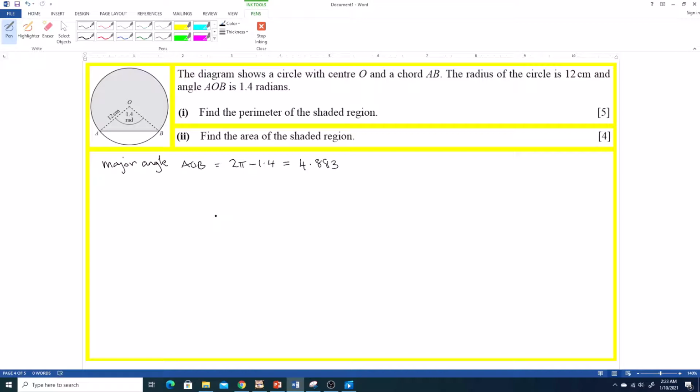You need to find the area of the major sector. So the area of the major sector is going to be a half r squared theta. Sorry, we need to find the perimeter, not the area. So let's just erase that. We are finding the perimeter. To get the perimeter, it's r theta.